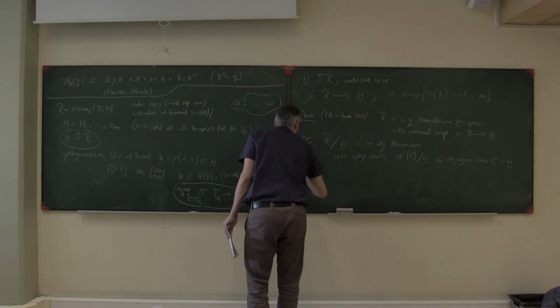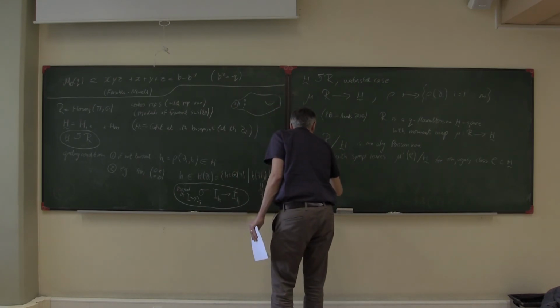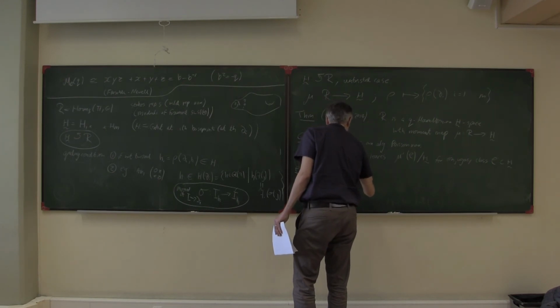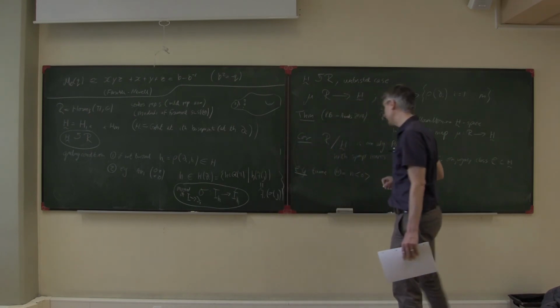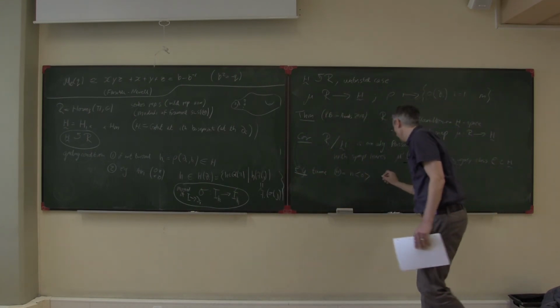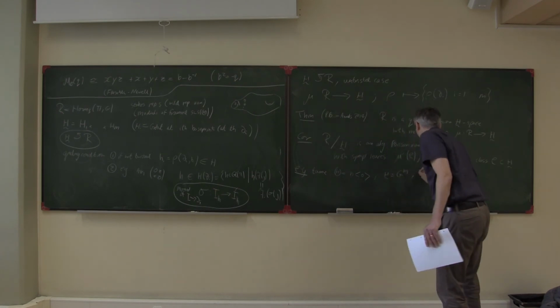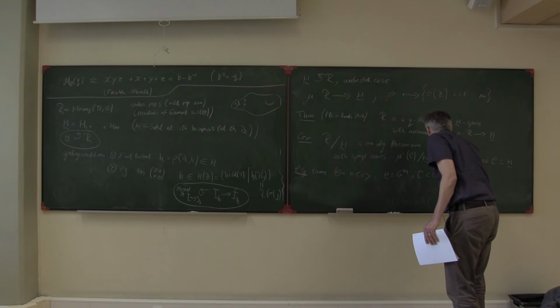So e.g., if you're in the tame picture, so this says that theta is equal to n times the tame circle, maybe repeated at each point. Then you get that h is equal to g to the m, and c is in g to the m.